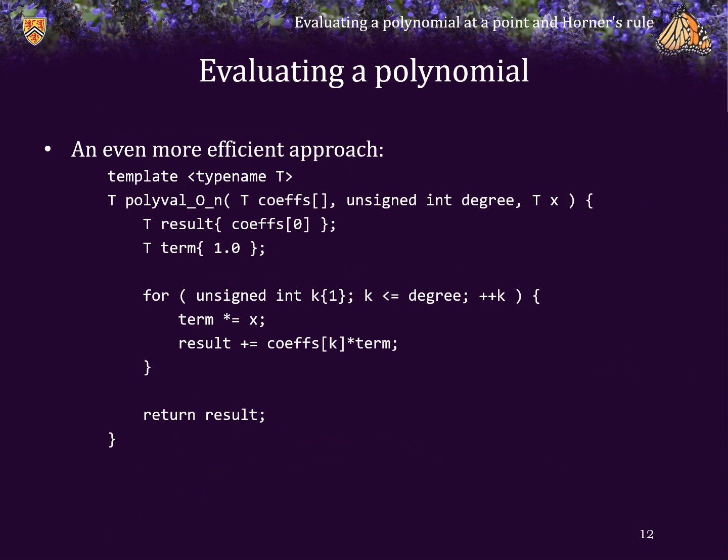Here, however, is an even more efficient approach to evaluating a polynomial at a point. We're going to get rid of calling an external function to calculate the power. Instead, what we're going to do here is start with term. Term is initialized to 1.0.